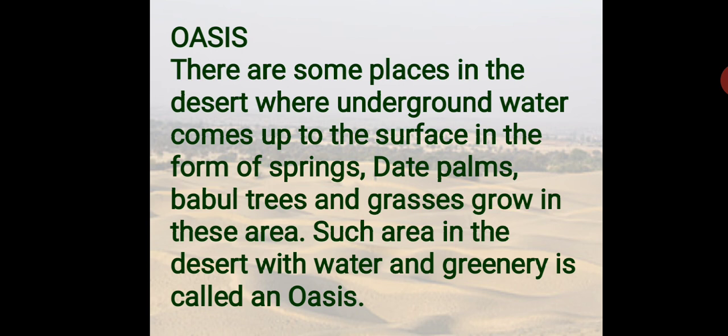So, there is an accumulation of water because of the spring, and some date palms, babul trees and grasses grow nearby. Such an area in the desert with water and greenery is called an oasis. Next I am going to show you the image of an oasis that will clear your concept of what an oasis is in the desert.